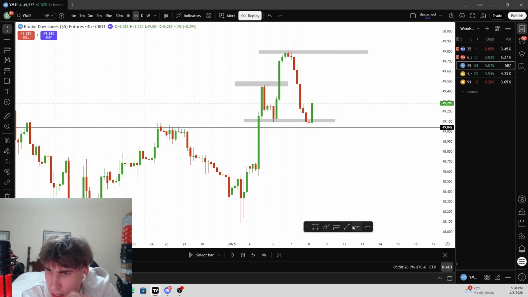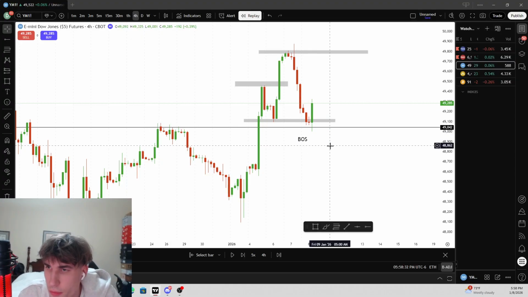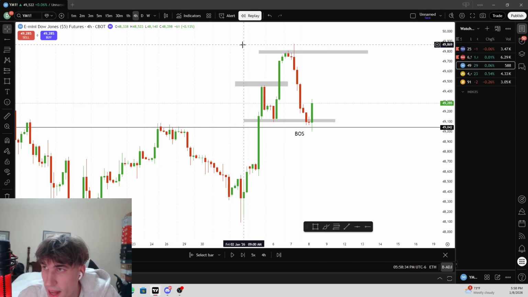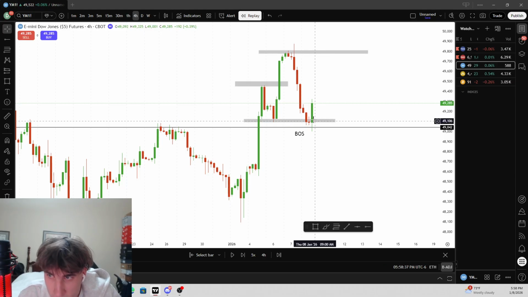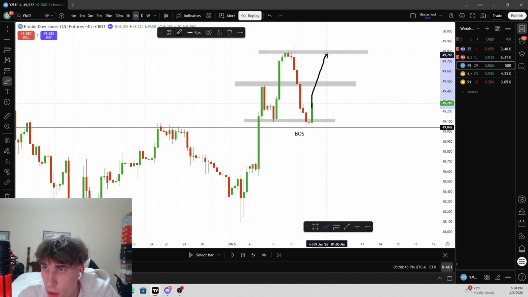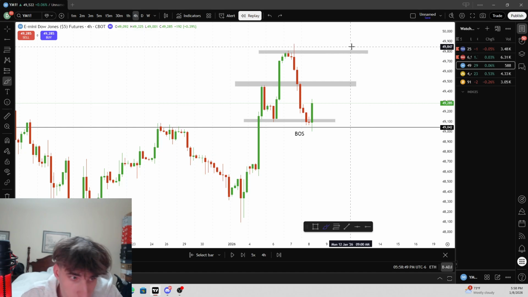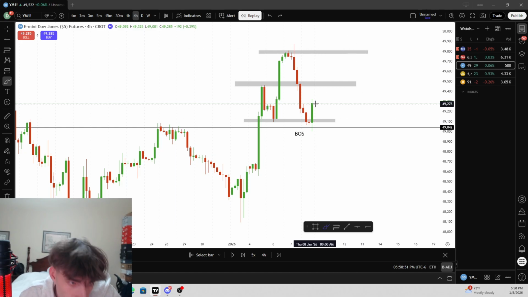So that told me right here, this is a break of structure, as we went through with yesterday. Why didn't I take an entry? Because price just broke structure. I knew that it could either test this level or this one all the way up here in order to pull back to go lower. So it forced me to be patient. I didn't take a trade today.